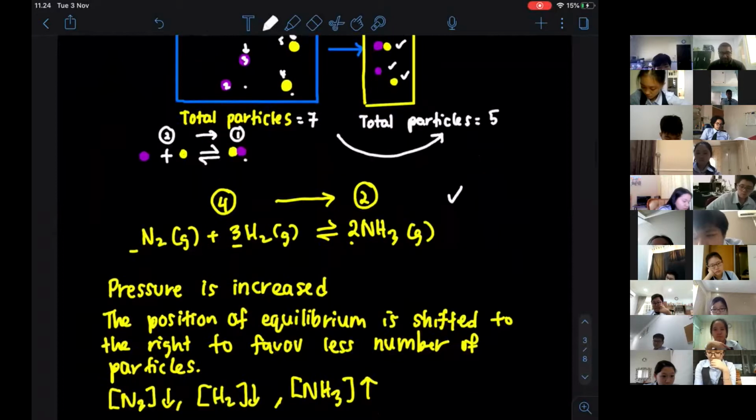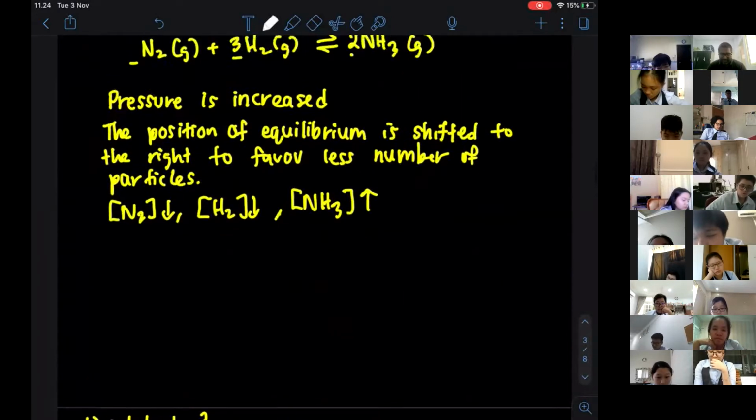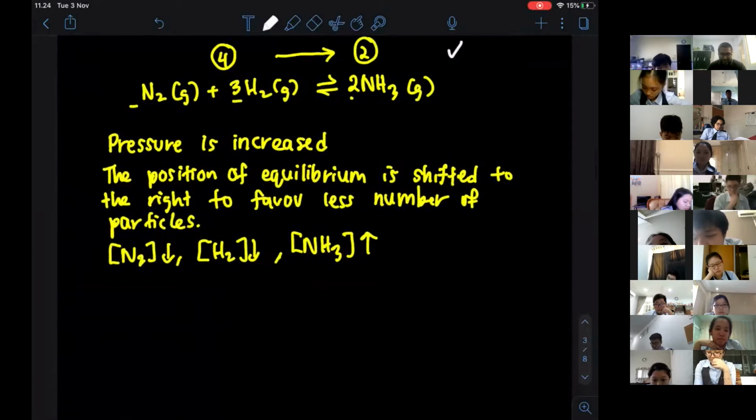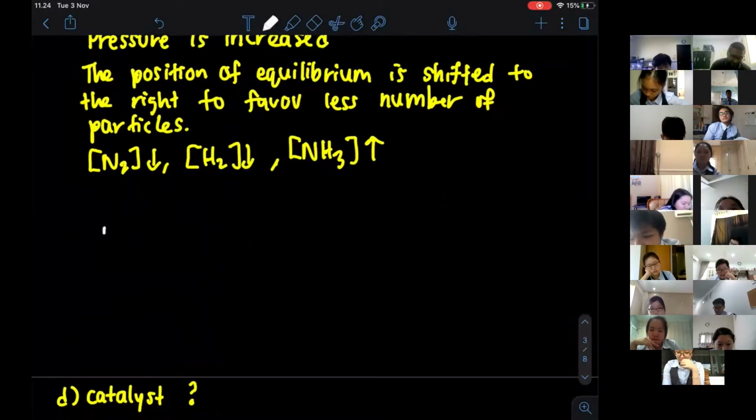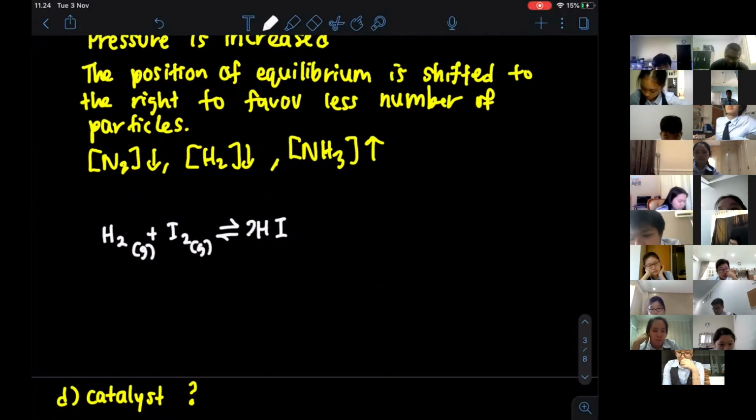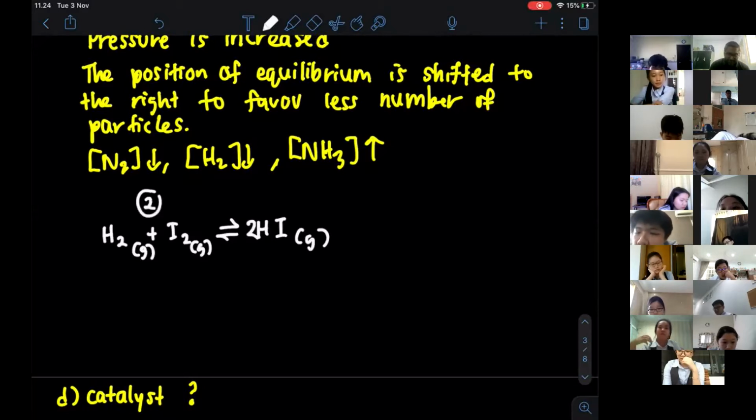Okay, if you still don't understand, let's try to represent it using another equation. Let's say, for example, H2 plus I2 to give me HI, and all of them are gas. If you look at the total number of moles of this system, 1 plus 1, total 2, and this is going to be 2.